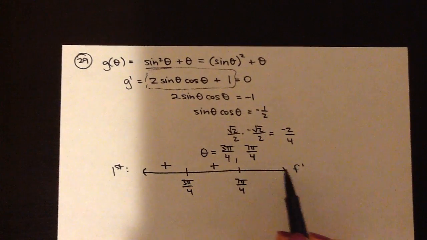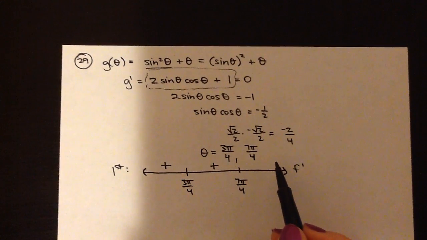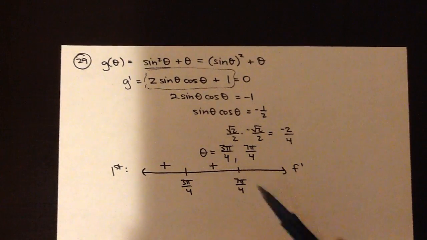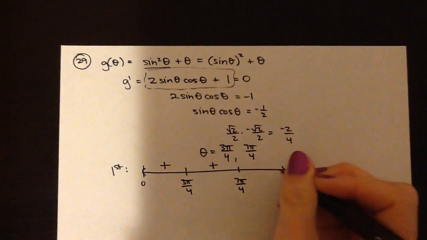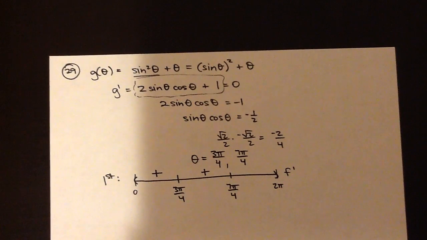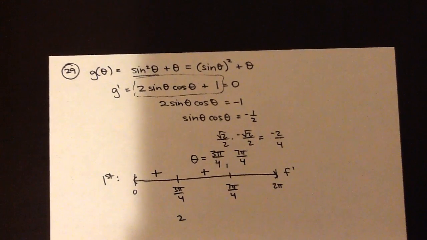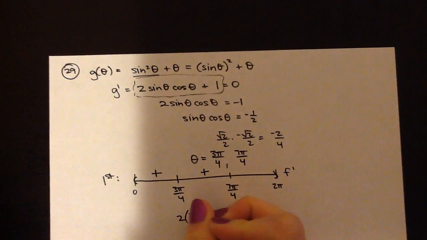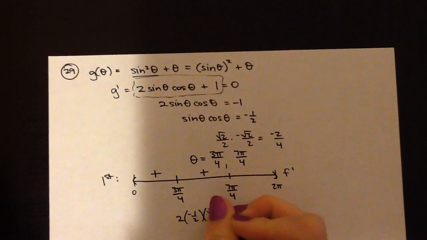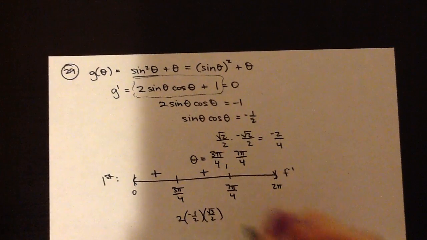And then if I plug in something beyond here, you could use 11 pi over 6. I wouldn't use 2 pi just because we have this natural barrier here of 0 and 2 pi whenever we're talking about trig values. So if we plug in 11 pi over 6, we have 2, and then the sine of 11 pi over 6 is negative 1/2, and the cosine of 11 pi over 6 is positive root 3 over 2, and then plus 1.